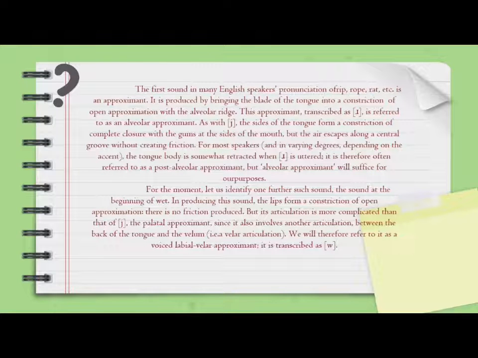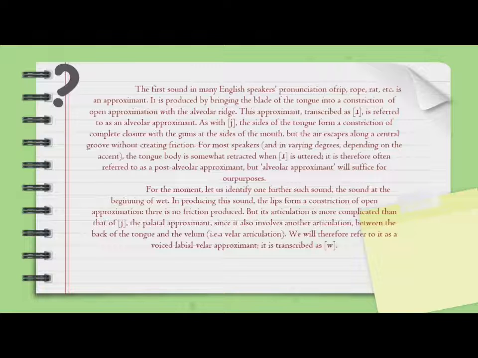The first sound in many English speakers' pronunciation of "rip," "rope," "rat," etc. is an approximant. It is produced by bringing the blade of the tongue into a constriction of open approximation with the alveolar ridge. This approximant is referred to as an alveolar approximant.